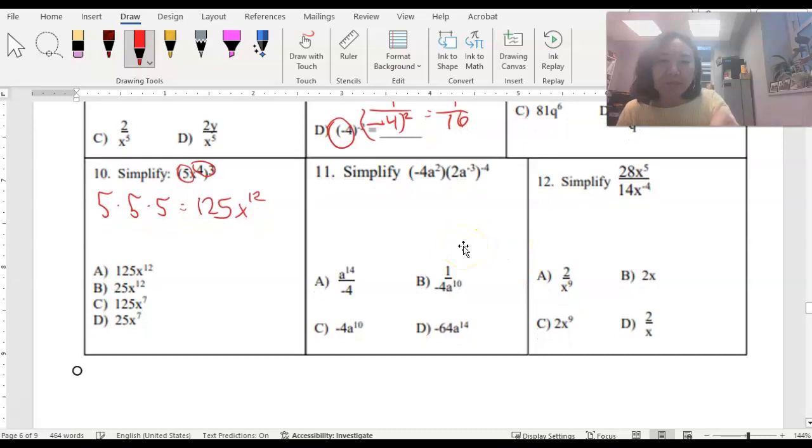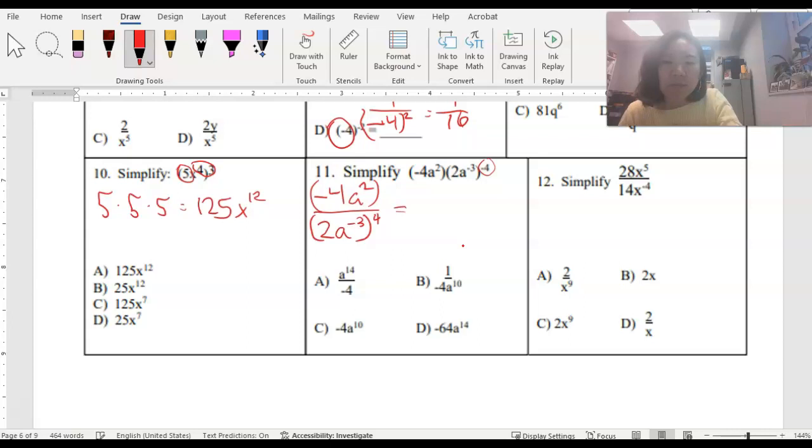Okay. Here, this one is honestly very tricky, so I'm going to go through this really the best that I can. We're going to start with this exponent here. So you're going to get negative 4a squared times, we're going to go ahead and move this whole thing to the denominator, times 2a to the negative 3rd to the positive 4th power now.